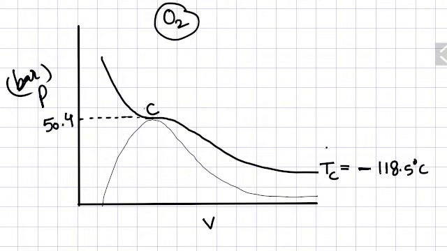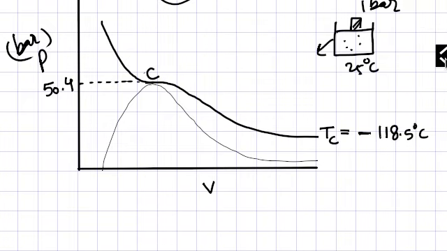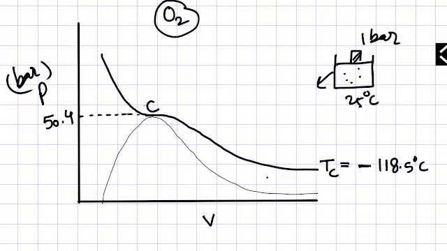Now you start your gas at room conditions. 1 bar is your room condition, and your gas is at 25 degrees centigrade. Where will you show this state on this diagram? You cannot show the state here, because here only temperatures less than this will come.